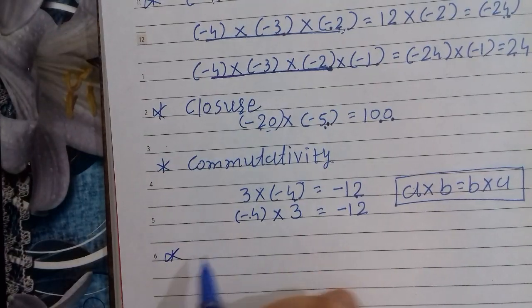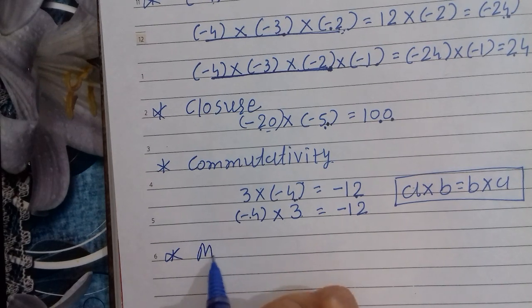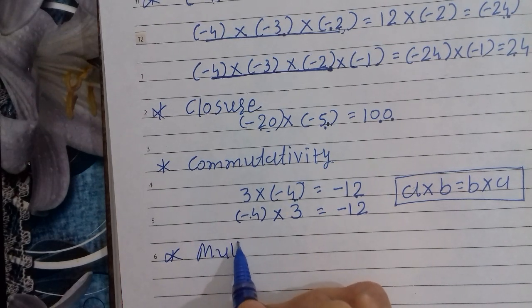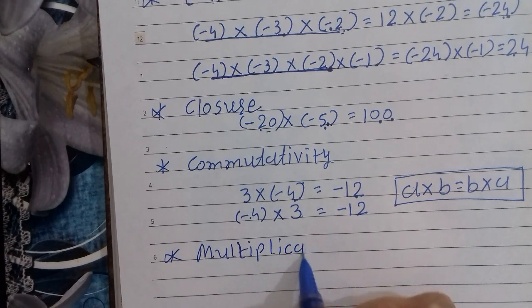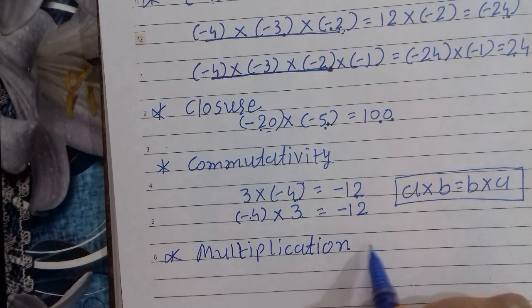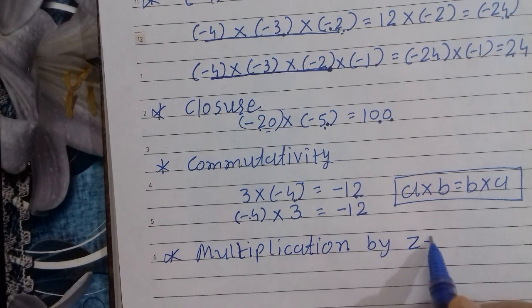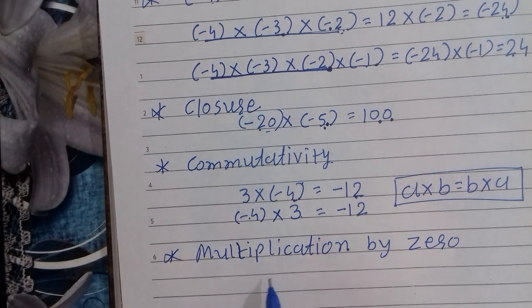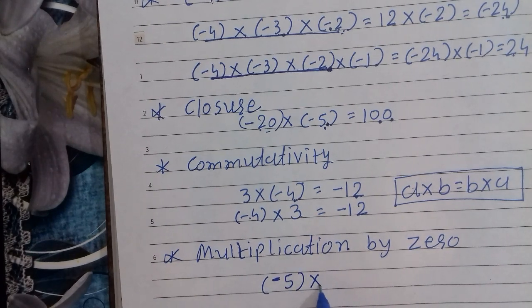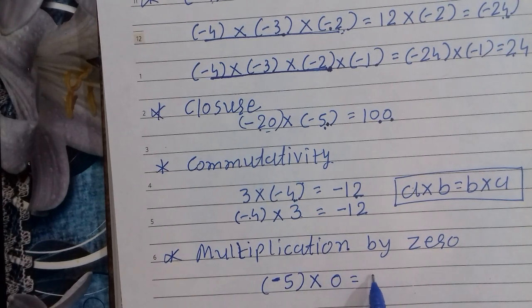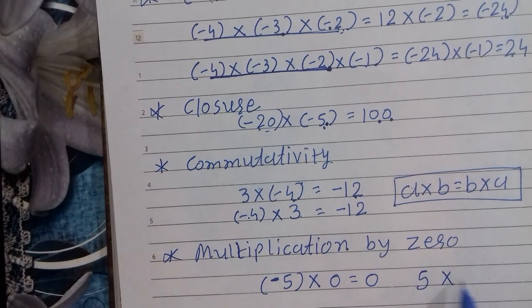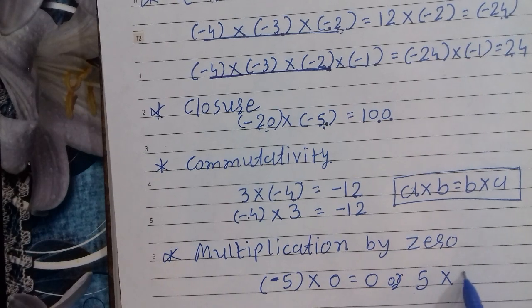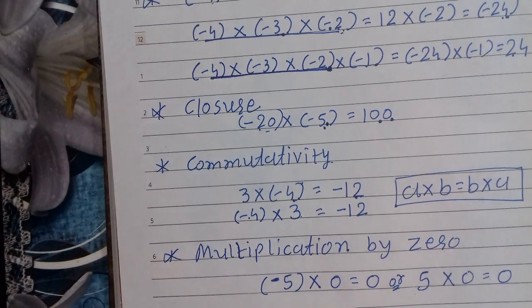Next, multiplication by 0. Suppose minus 5 multiplied by 0 is equal to 0, or 5 multiplied by 0 is equal to also 0.